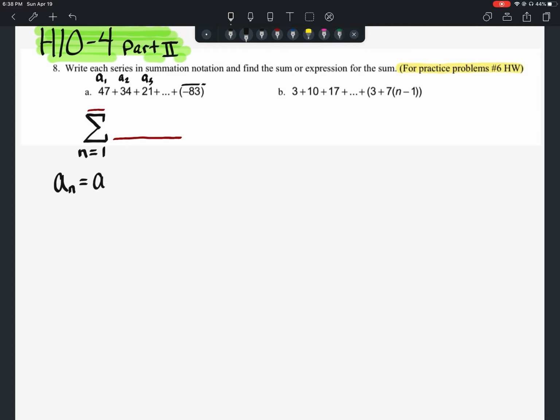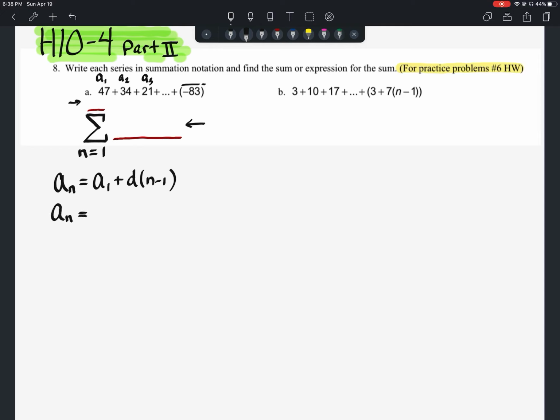So if I was just going to write this in general terms, a sub n should equal my first term, which is 47. Our common difference is going down by 13, so it's like we're subtracting 13 each time. You could either write minus 13 or you could say plus a negative 13. Either way is fine. And we really don't know what n is right now, so we're going to leave that as n minus 1.